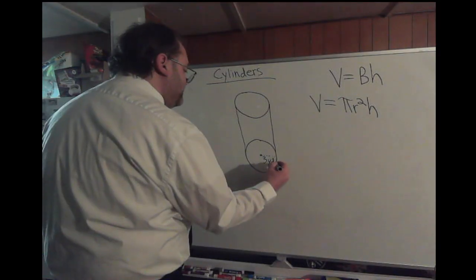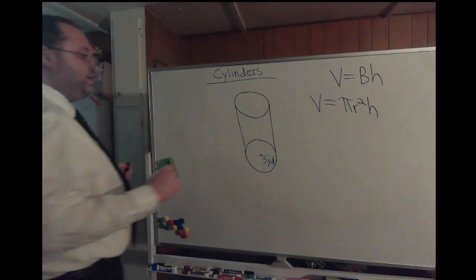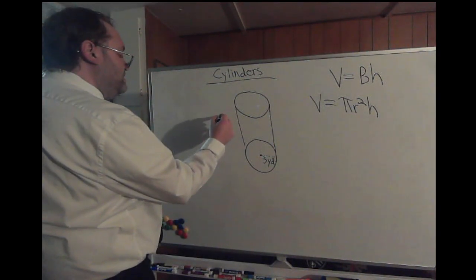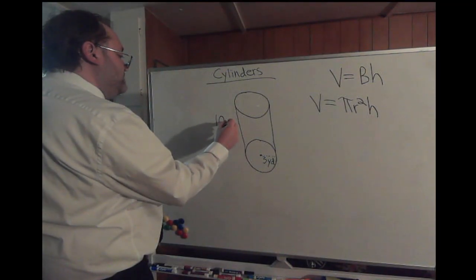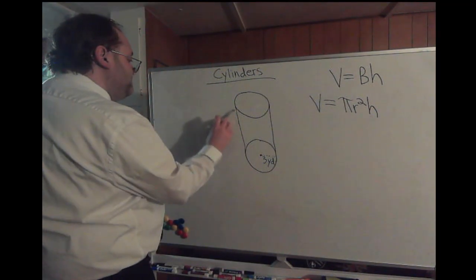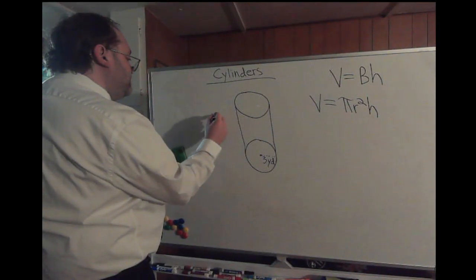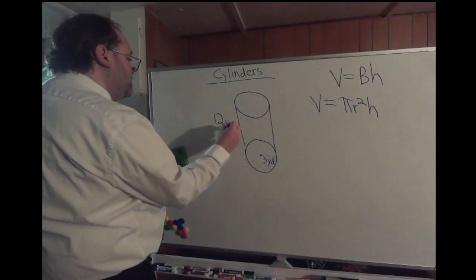We haven't picked on yards in a while. The radius is 3 yards. The height, we'll say the height's 10 yards. No, we did 10. Let's pick another number. Let's say it's 12 yards. Right?